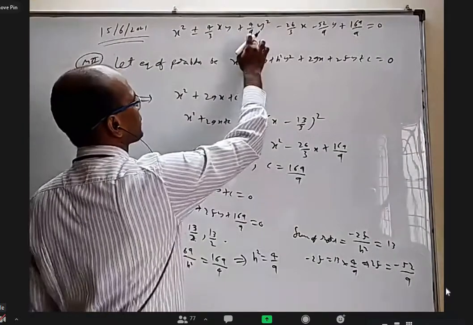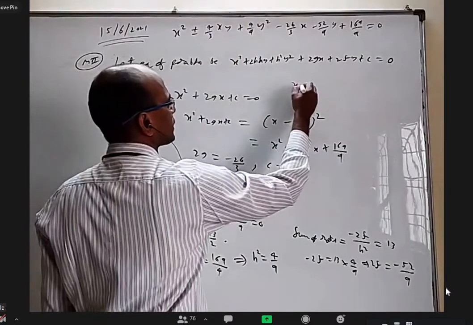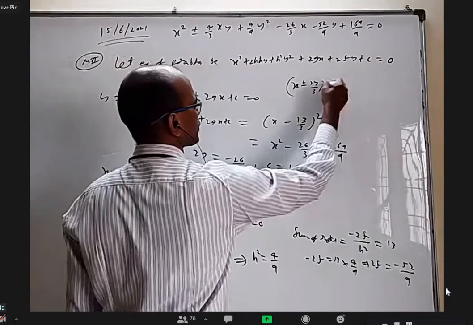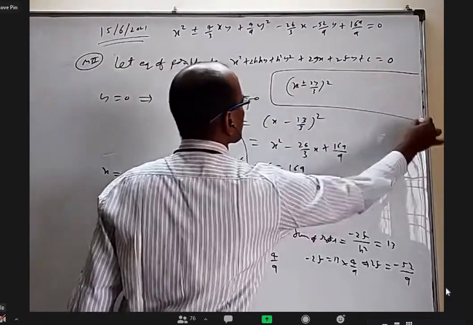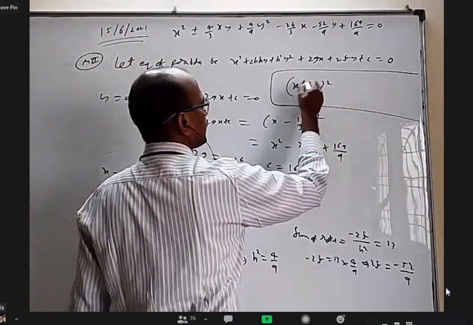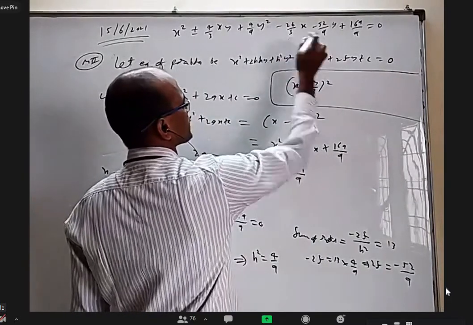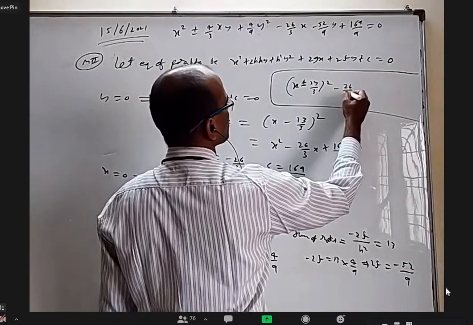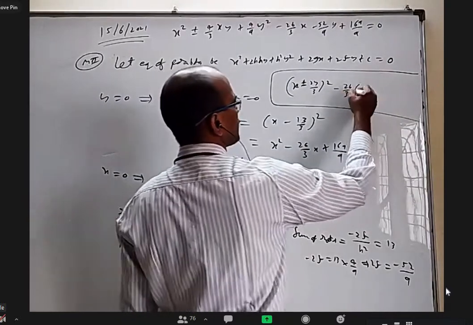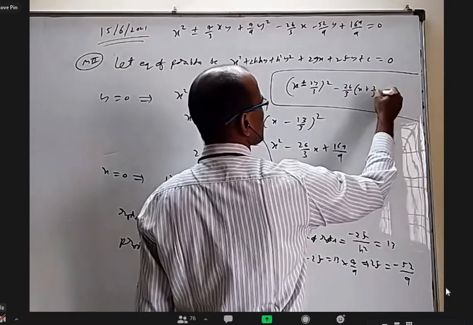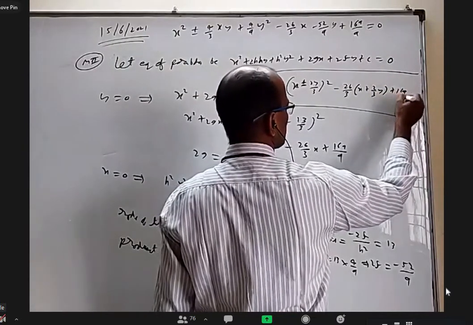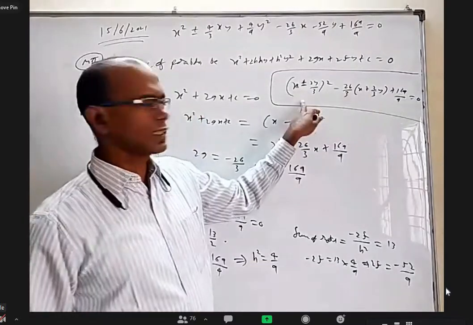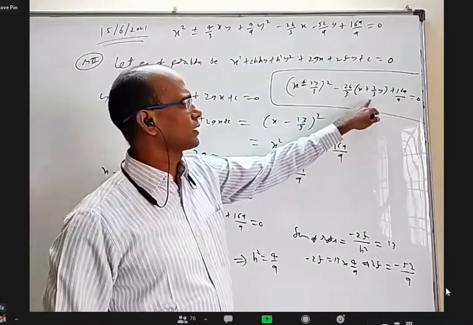If I make these three a perfect square, I will get (x minus 2y by 3) plus or minus whole square. And from these two terms, if I take minus 26 by 3 common, I will get x plus 2 by 3 y plus 169 by 9 equal to 0. These two can't be the same. If these two are the same, we call this k. This will be k square and k.